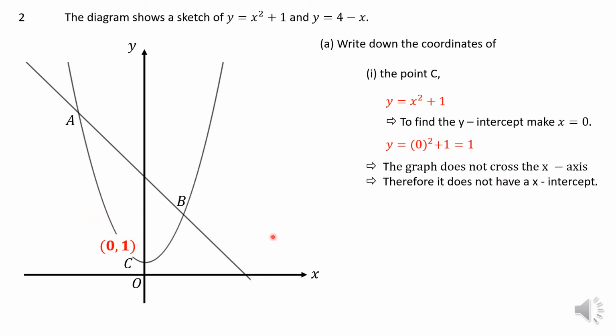There is not going to be a value for the x-intercept, because you can see from the sketch that the function does not pass through the x-axis. So the coordinate point we're looking for is 0, 1, and you can see here that the positive 1 is the y-intercept, and where it cuts the y-axis, x is 0.